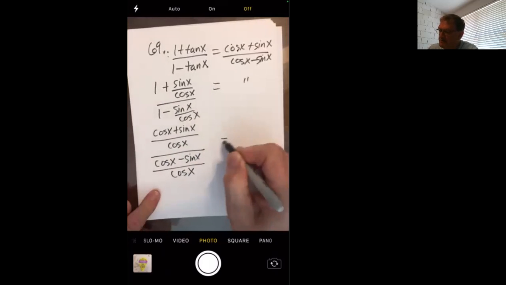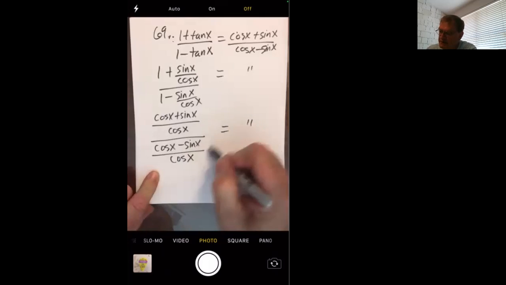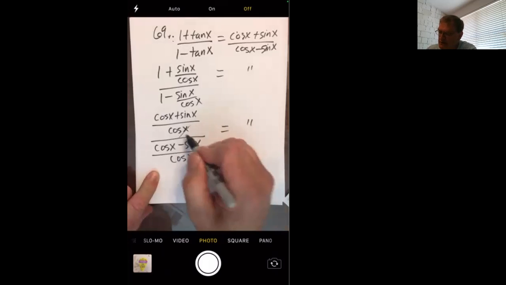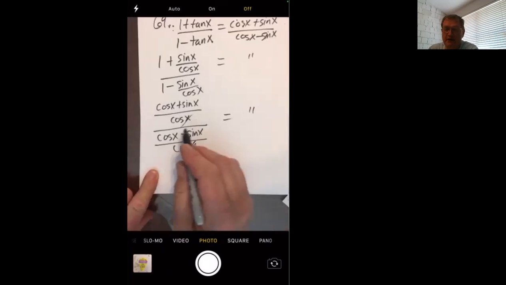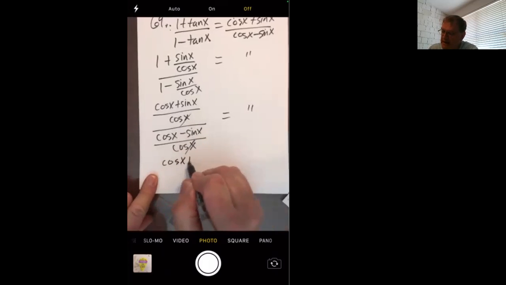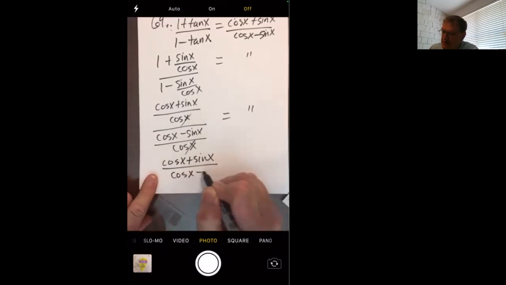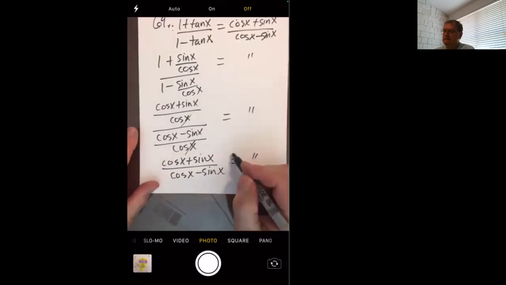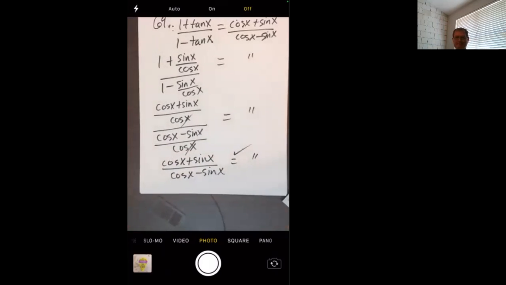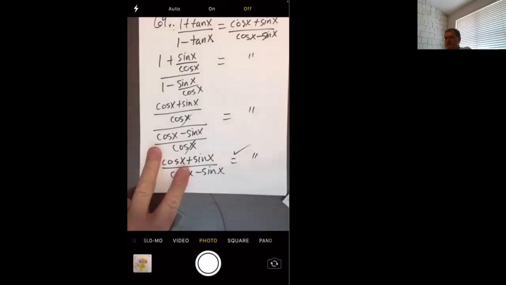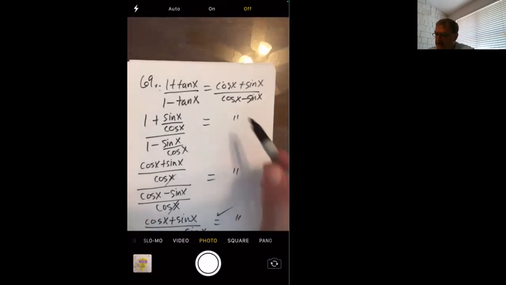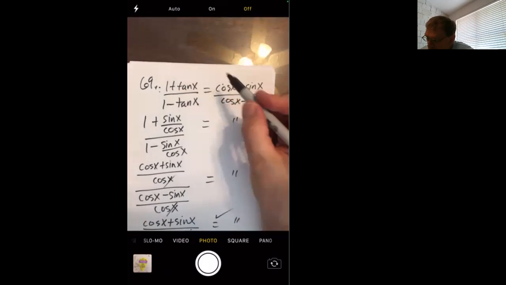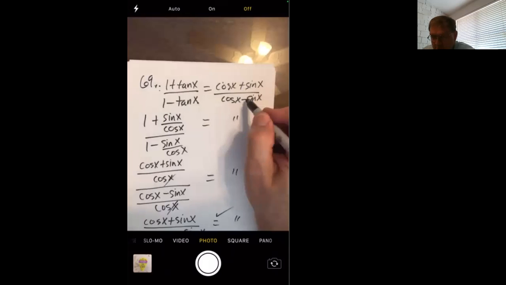And I think you got it. You see how this would flip around, and this would cancel that, leaving you with cosine of x plus sine of x over cosine of x minus sine of x. There's other ways you could do it. See how you had ones here, and your plus and minuses match.